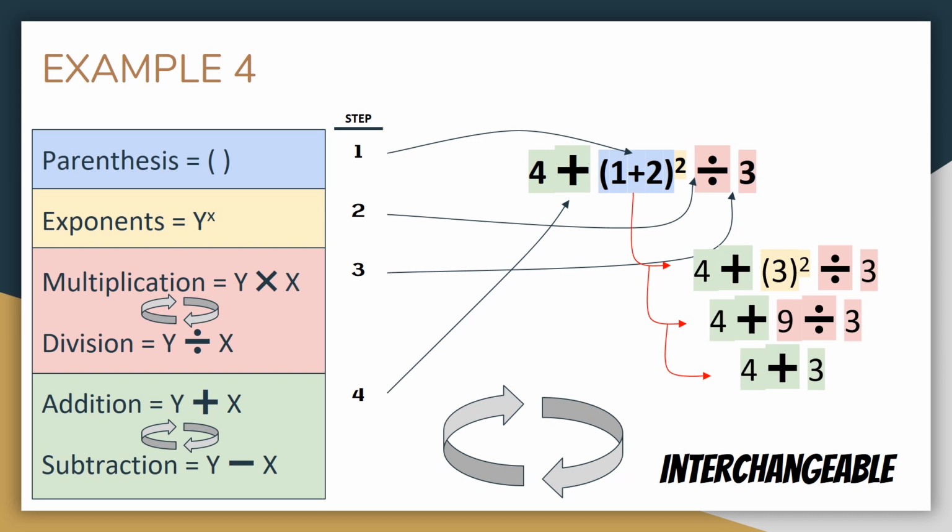We got addition there, so we're going to go 4 plus 3, and you should get the answer of 7. On this problem, there is that parentheses with the exponent, so you would do the parentheses stuff inside there. Whatever you get there, you do the exponent right afterwards. All right, we're going to go to the next slide.